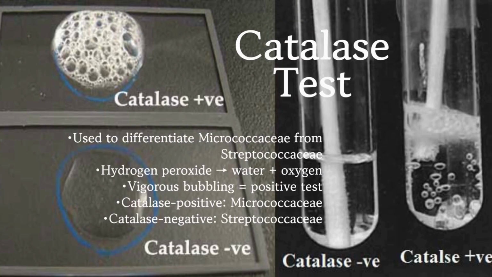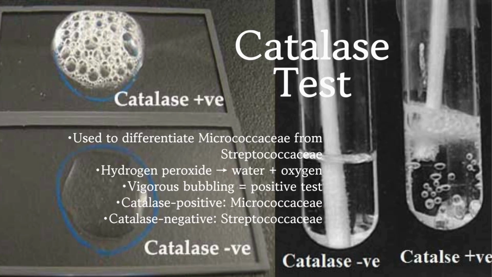Let us see what a catalase test is. The catalase test is based upon the enzyme catalase. The Micrococcaceae family usually has the catalase enzyme, and it breaks down hydrogen peroxide to water and oxygen. The positive test shows vigorous bubbling, and the negative test shows nothing. It's just due to the presence of oxygen.